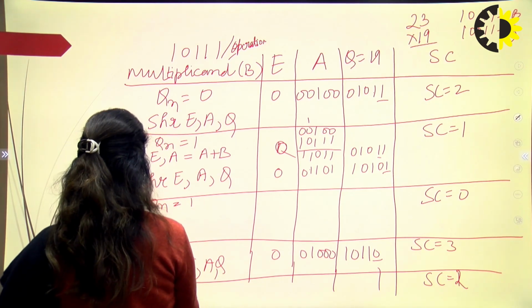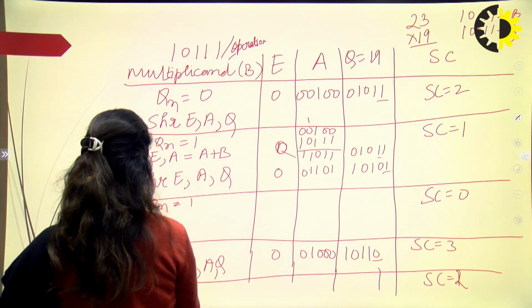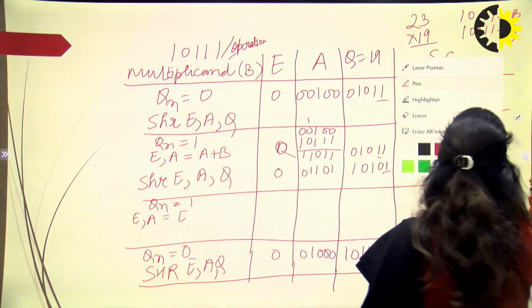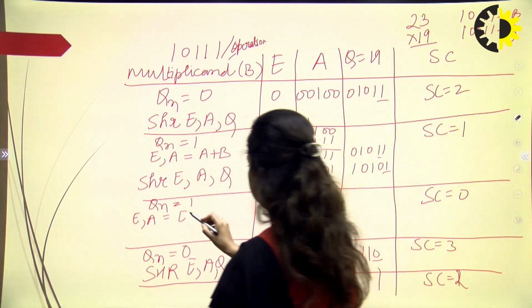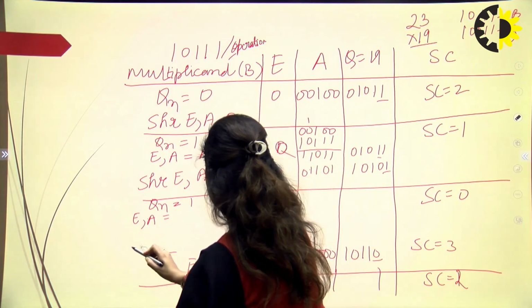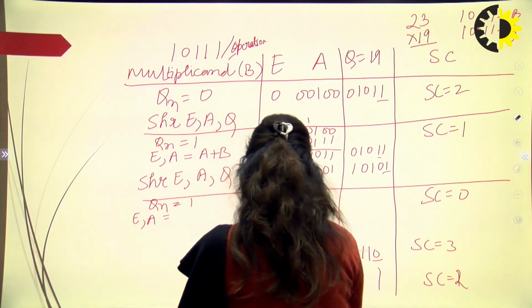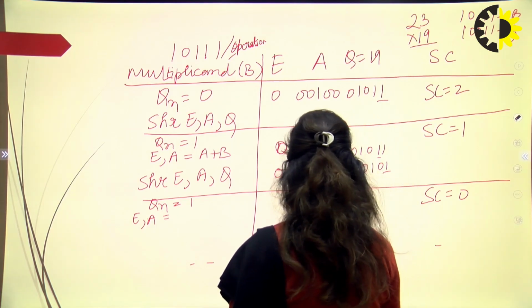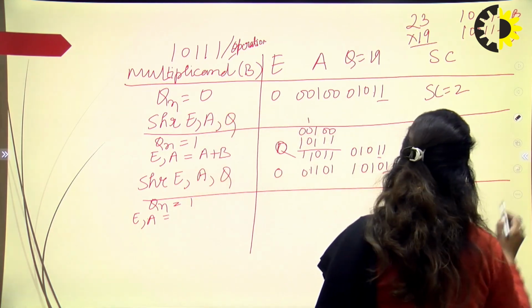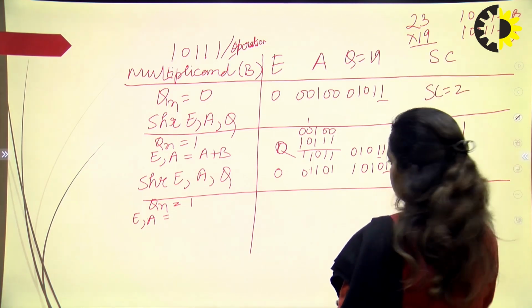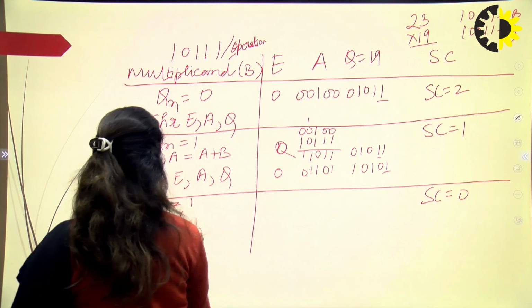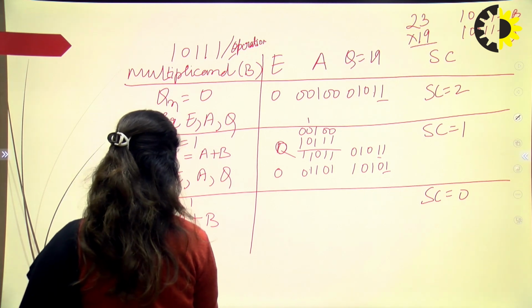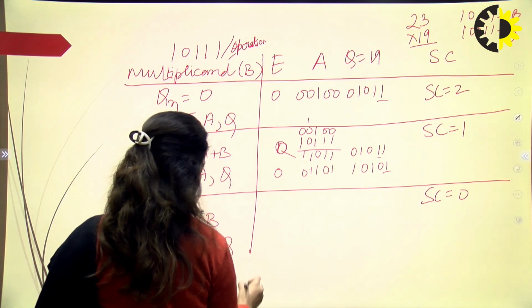Again we have to perform EA equals A plus B, and after that we have to perform shift right operation between E, A and Q. So let us have a look.